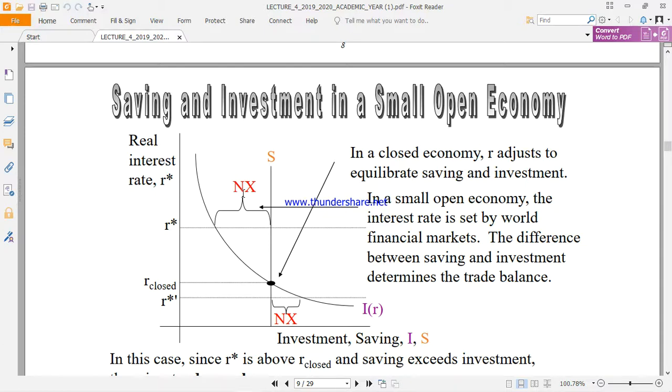So we expect investment demand to increase here in Zambia, because people are going to start demanding the Zambian savings, not the savings offered by the World Bank. I don't know if you're getting this right.